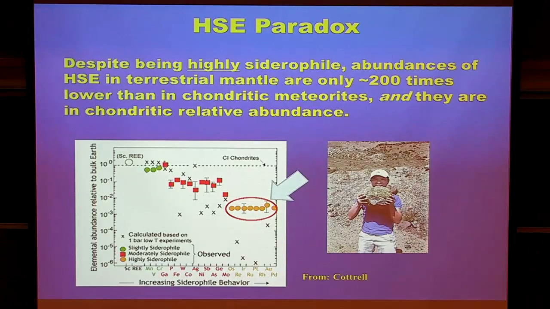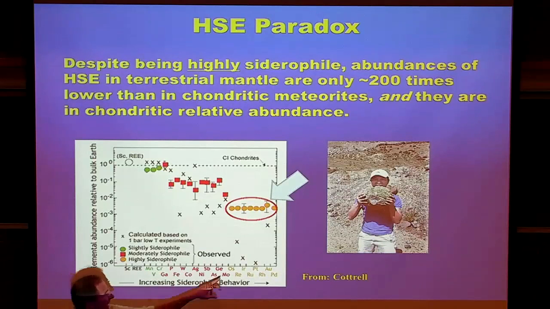The interesting thing about them, though, is if you go into an experimental lab and you throw some metal into some silicate and you examine the partitioning of one of these trace elements between the metal and the silicate under, let's say, 1 atmosphere conditions, as people were doing 50, 60 years ago, you would find very, very low concentrations in the silicate portion of the experiment.